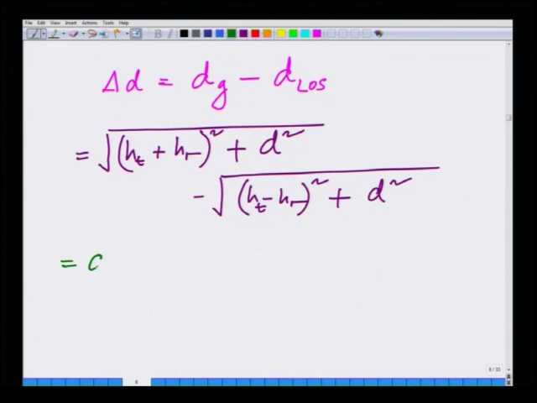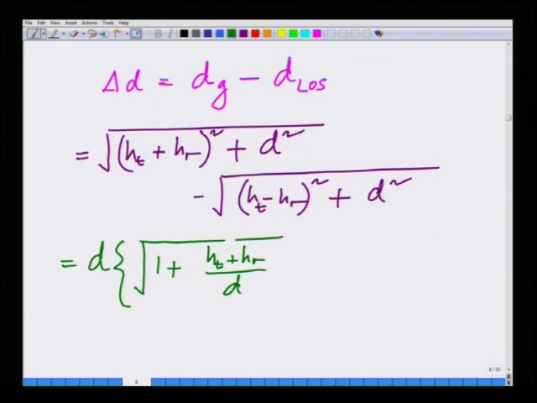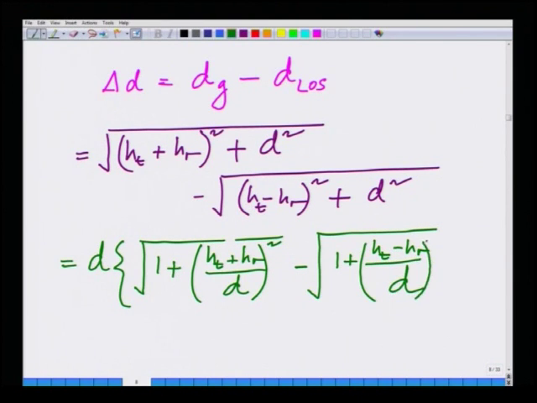If I take d common outside, this is the square root of 1 plus ((ht plus hr) by d) whole square, minus the square root of 1 plus ((ht minus hr) by d) whole square. All right, and here I am going to use an approximation that ht and hr are much smaller than d. So ht plus hr, ht minus hr, and so on, are all much smaller compared to d.